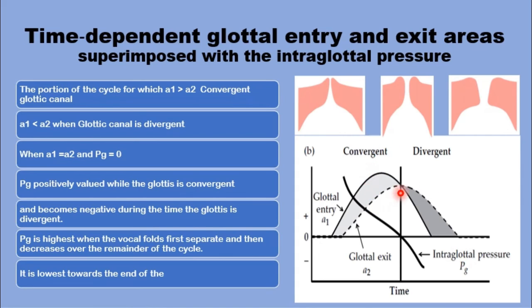And the reverse happened in the divergent phase. The exit surface area of the canal, demonstrated here in this dotted line, is always more than the inlet area. So this would summarize the whole findings. The intraglottal pressure is positive during the opening convergent phase, and it is negative during the closing divergent phase.